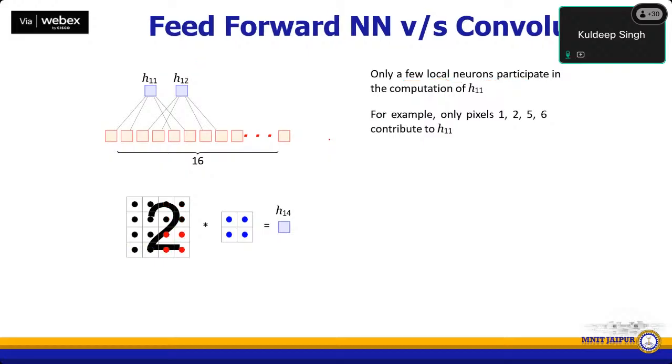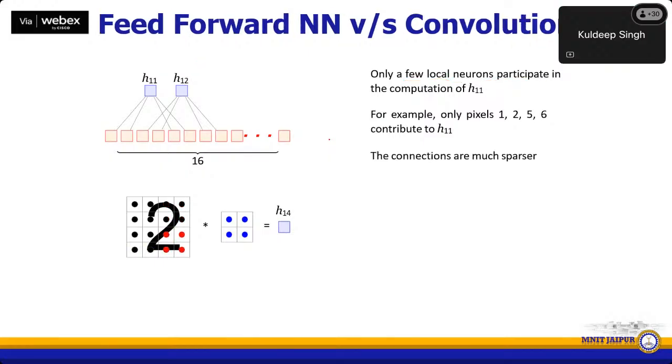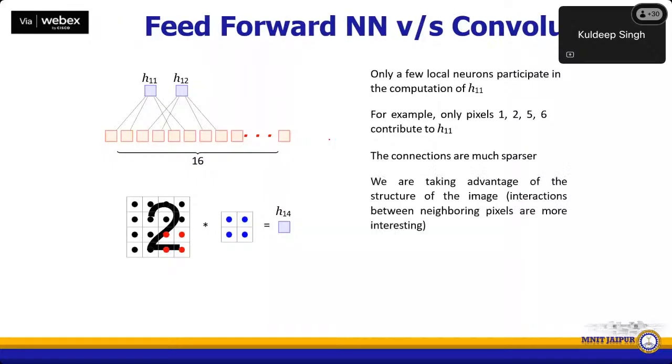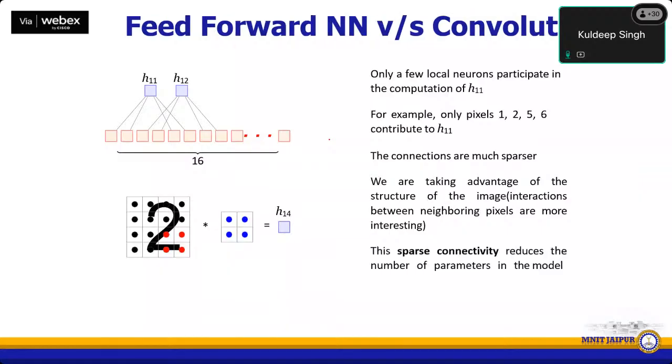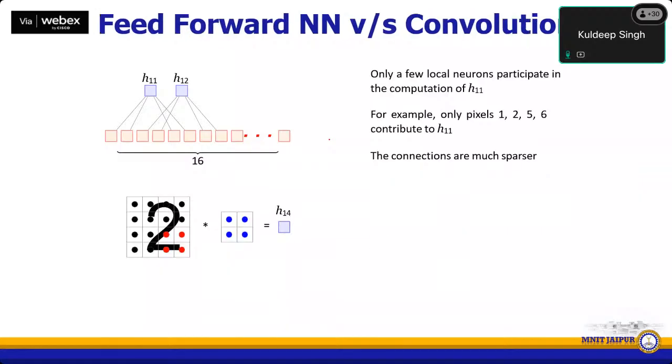Secondly, there is a concept of weight sharing, because the same filter is being applied all across the image. That's a separate story if you want to use multiple filters, but the filter weights will remain the same all across the image. So there is a concept of weight sharing.